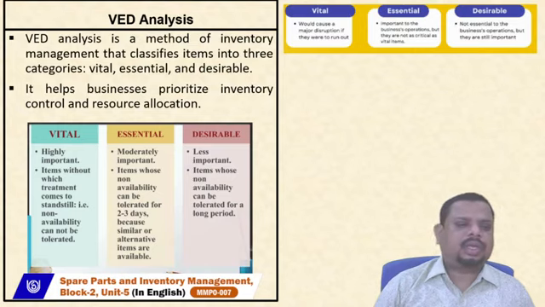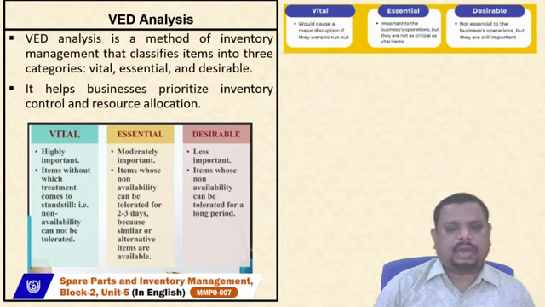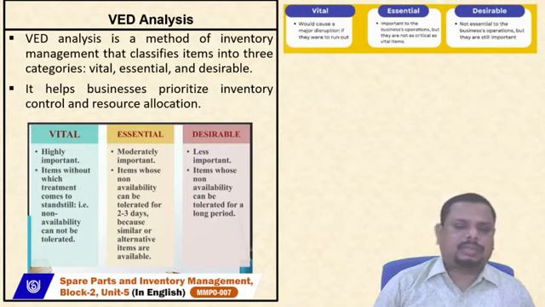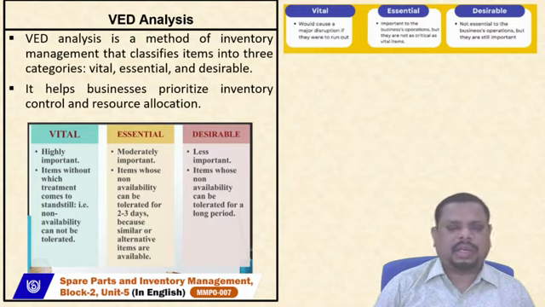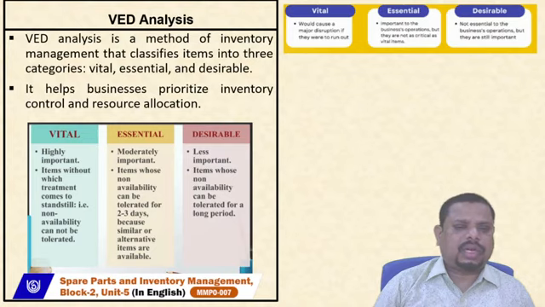The next is moderate importance items, like maintaining lubricant levels or grease. You can tolerate it for 2 to 3 days if the level drops a little. And less important items, for example, a small pin removed from the seat, as well as the seat belt, or maybe the handle grips. This item not being available can be tolerated for a long period.